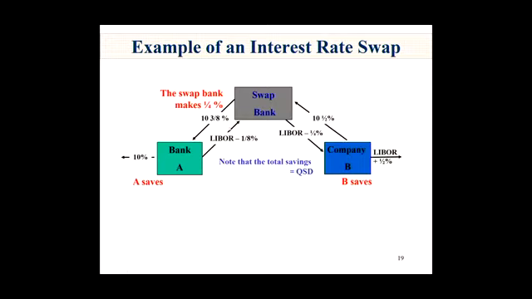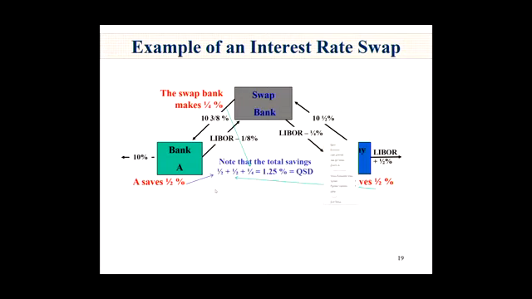Here they're receiving LIBOR minus 1/8 and paying LIBOR minus 1/4. So the swap bank makes 0.25%. How much does Company A save? 0.5%. Company B, 0.5%. So everybody has saved on this transaction, right?